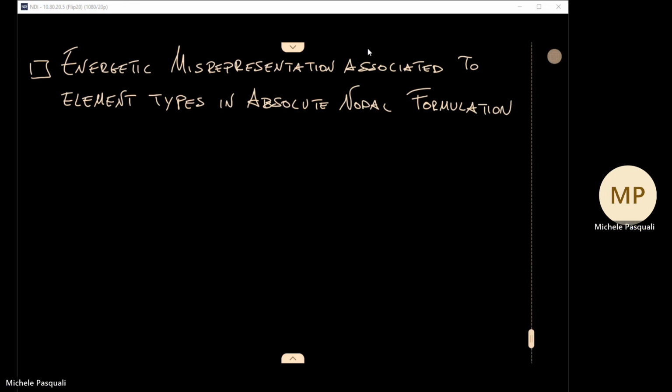All right, so let's check if this capability is actually fulfilled for the case of the 2D isoparametric rectangular element.